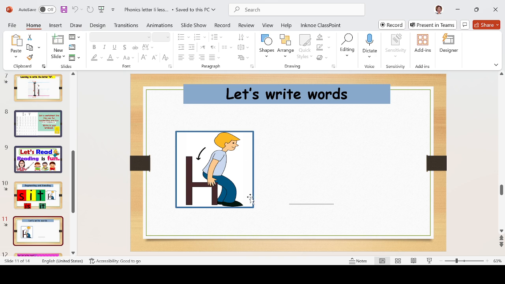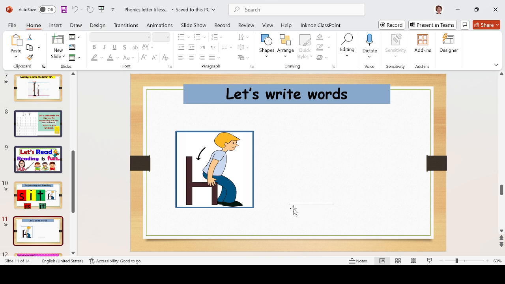Okay, so you write the word sit, then you need to draw a chair and draw yourself sitting on the chair, and use your crayons to color your picture. Show it to somebody to get a thumbs up. All right, I want you to use as many crayon colors as you can. Make it a beautiful picture. I want you to show your creativity.